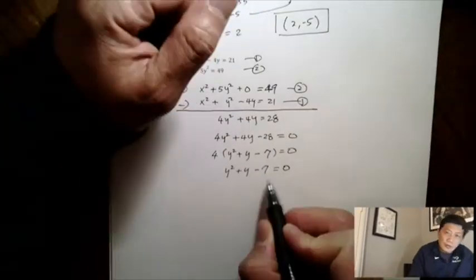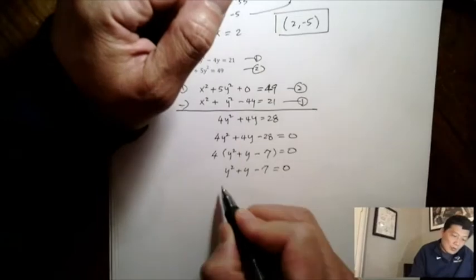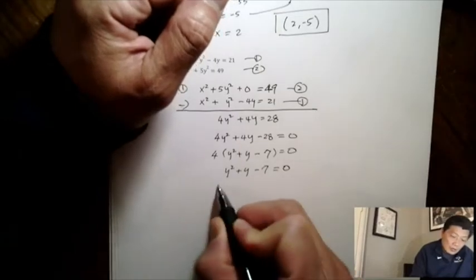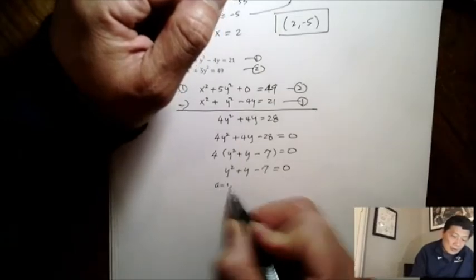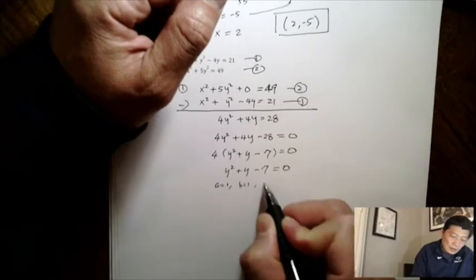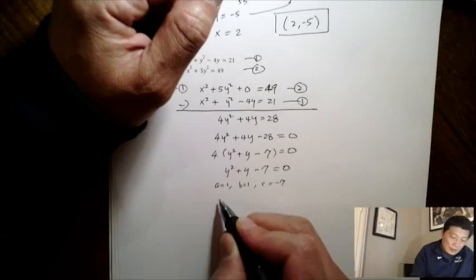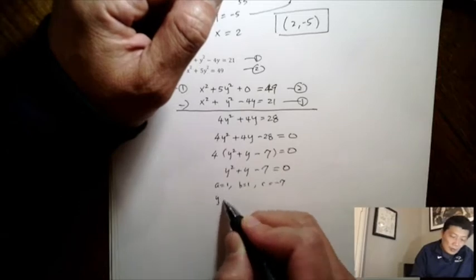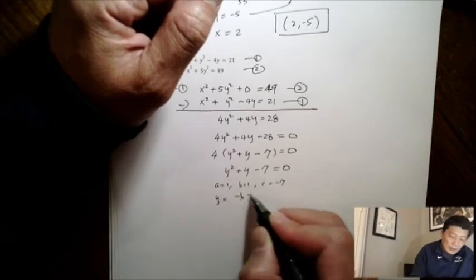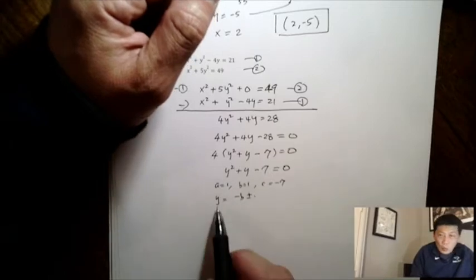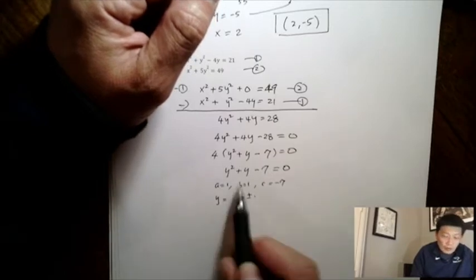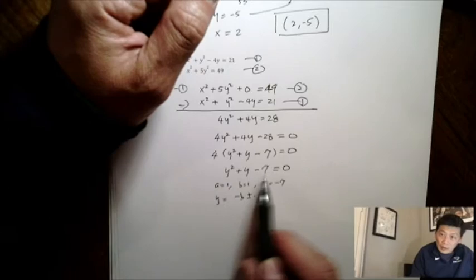See, this is a quadratic form. So you can think of it as a is equal to 1, b is equal to 1, c is equal to negative 7. And the quadratic formula in this case is y is equal to negative b plus or minus. The reason why I say y is because this is solving an equation in terms of y, not x's.